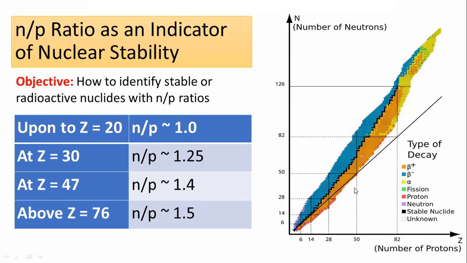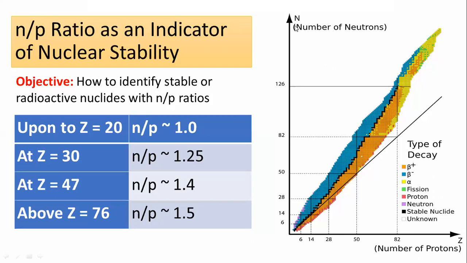If you have a look at the nuclides, this is the line passing through the origin, and all these are the nuclides available in nature. The graph is not complicated to understand.